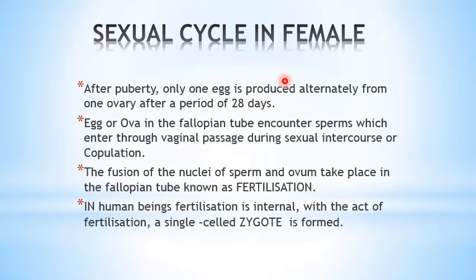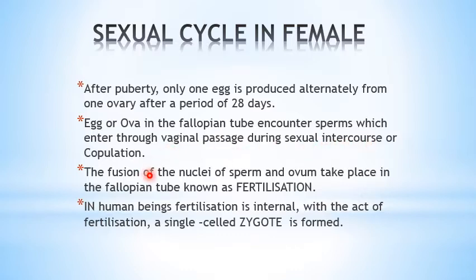First we take the case where the egg gets fertilized, which is the normal sexual cycle in the female. After puberty, only one egg is produced alternately from one ovary after a period of 28 days. The egg or ovum in the fallopian tube encounters the sperms, which enter through the vaginal passage during sexual intercourse or copulation.